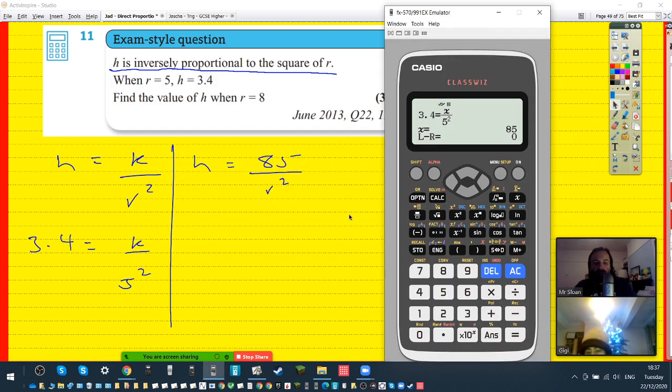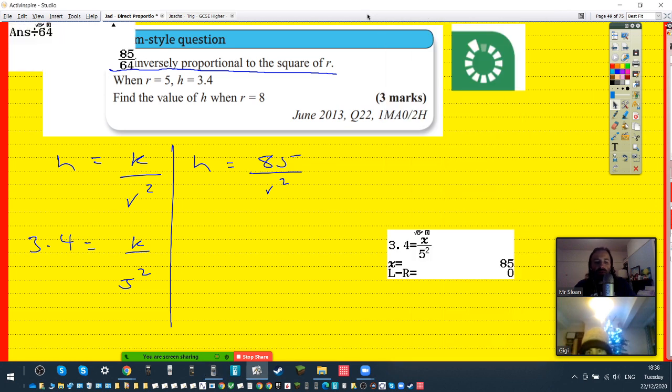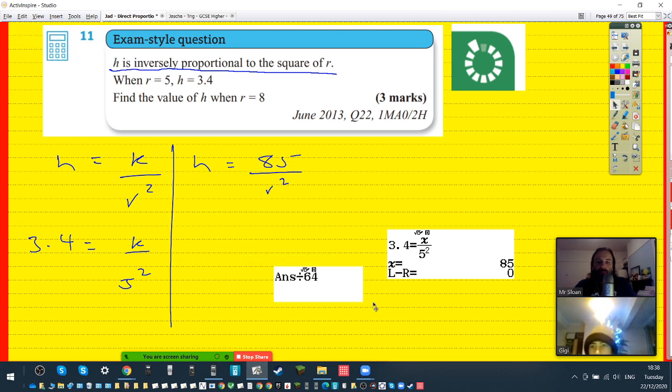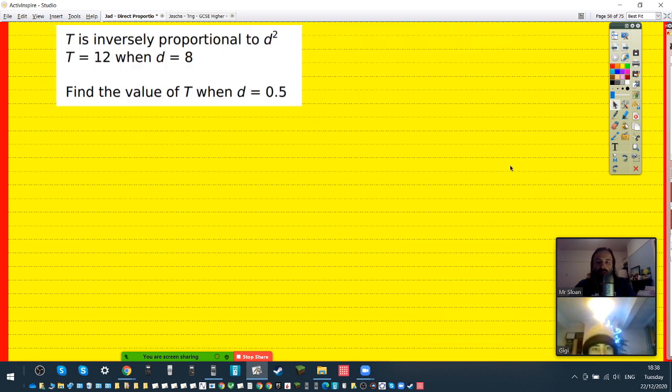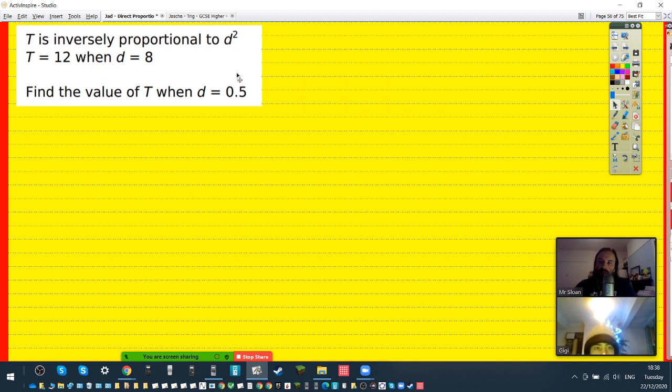Yeah. Or you can get it as whatever. Great. Any questions about that one? Okay. So, yep. H equals k over r squared. I always start from that. Okay, another exam question. How about this?